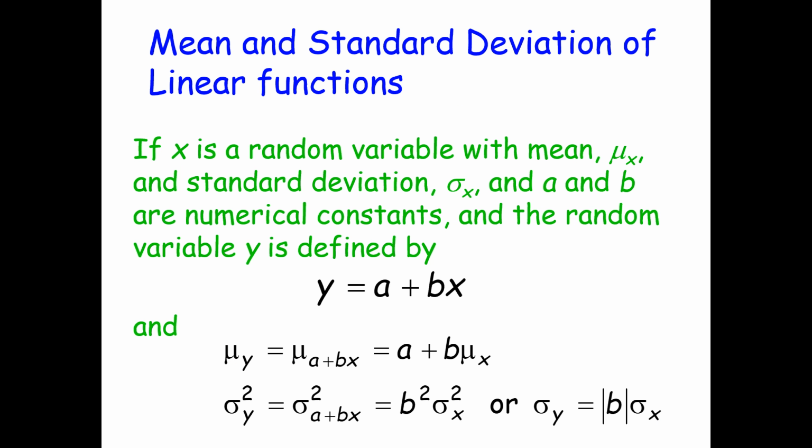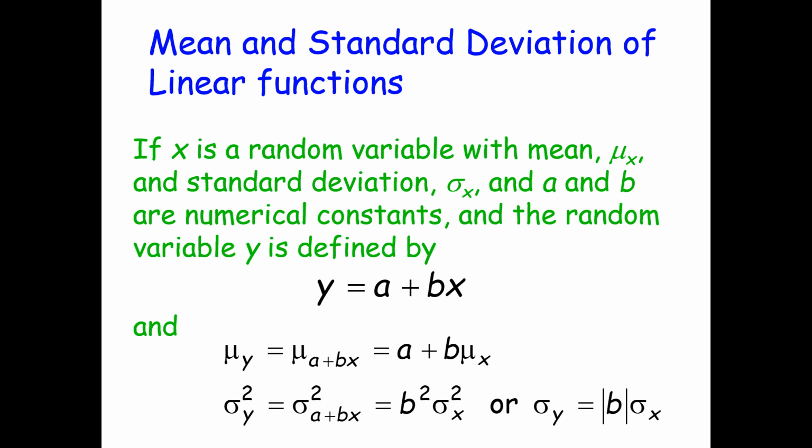Let's talk about the mean and standard deviation of linear functions. If x is a random variable with a mean of mu sub x and a standard deviation of sigma sub x, and a and b are numerical constants, and the random variable y is defined by y equals a plus bx, then mu sub y equals mu sub a plus bx, which equals a plus b times mu sub x, and the variance sigma squared sub y equals sigma squared sub a plus bx.